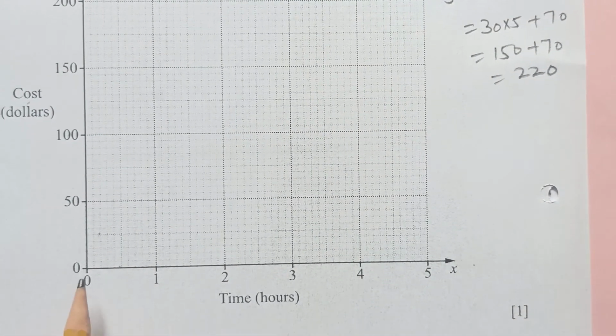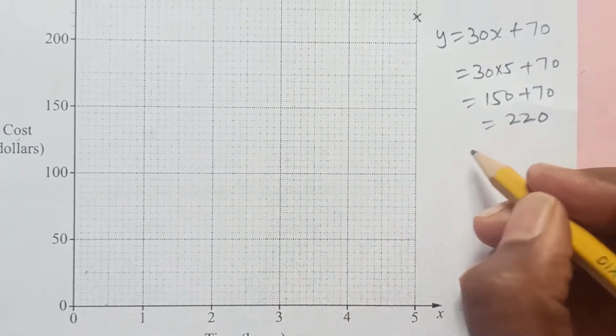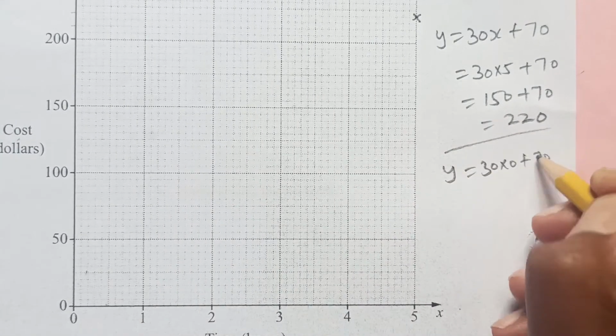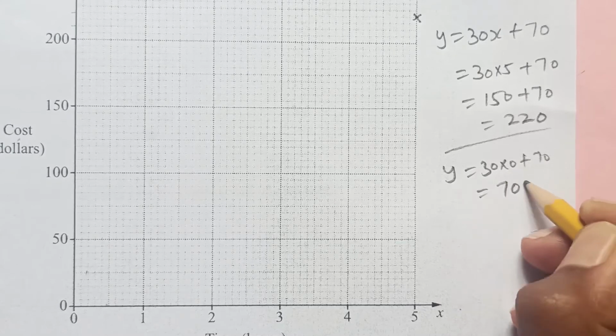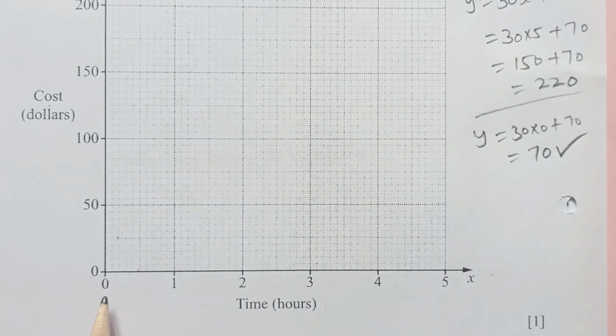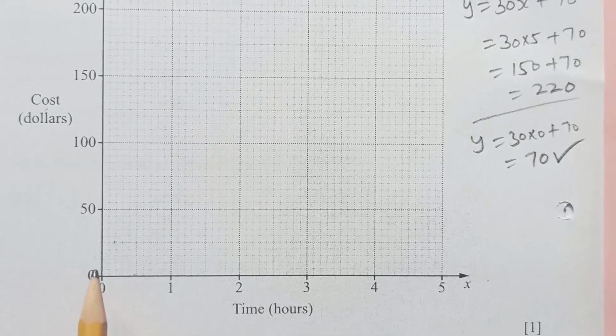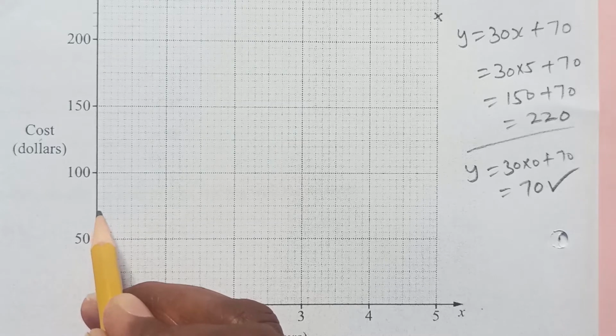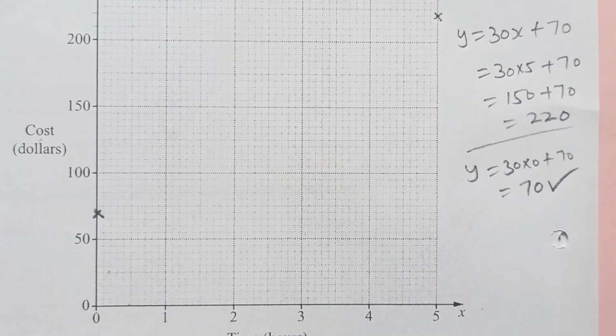And for 0 hours, like it's just a visit, that means 30 times 0 plus 70. So that means he is taking $70 for the visit. So even if he doesn't work, he will take $70. So 50, here is 60 and then this is 70. Okay, so this is going to be our graph here.